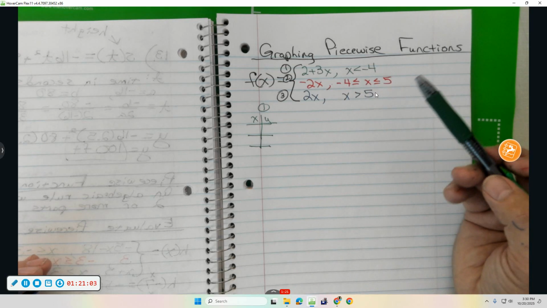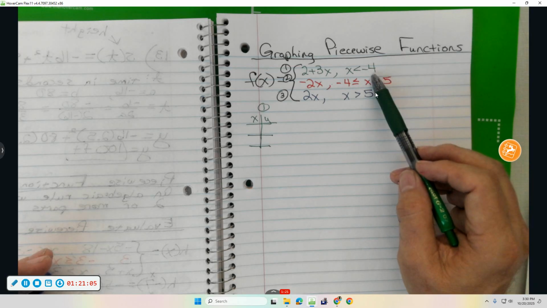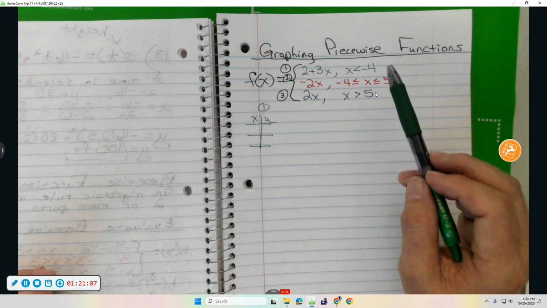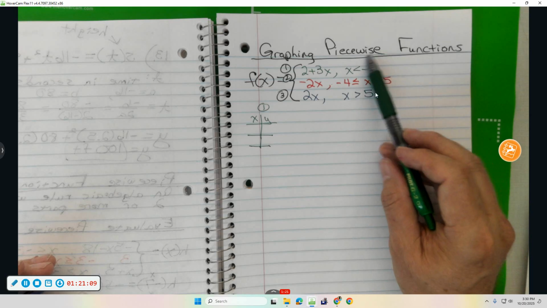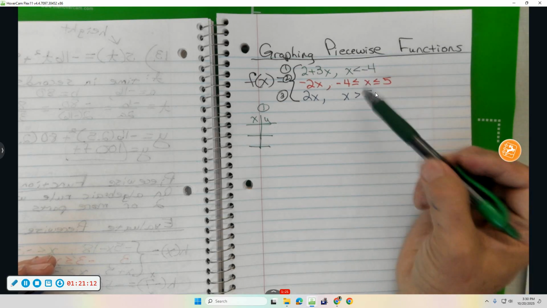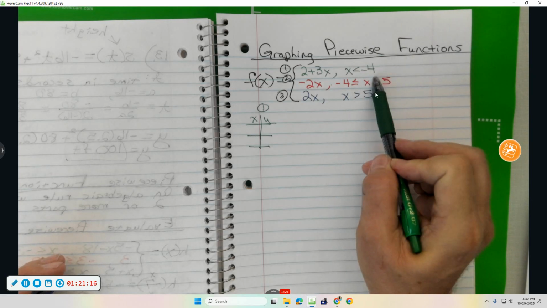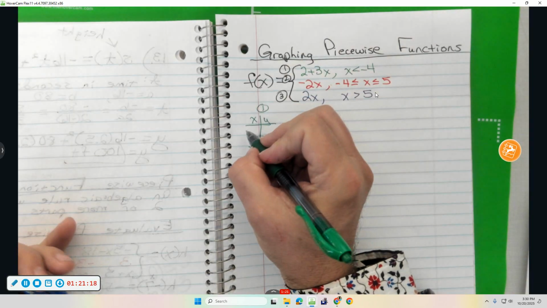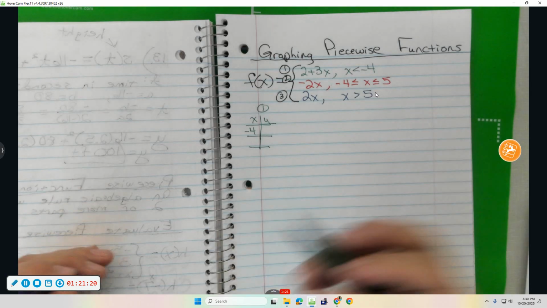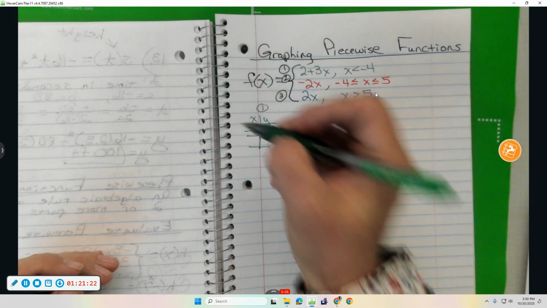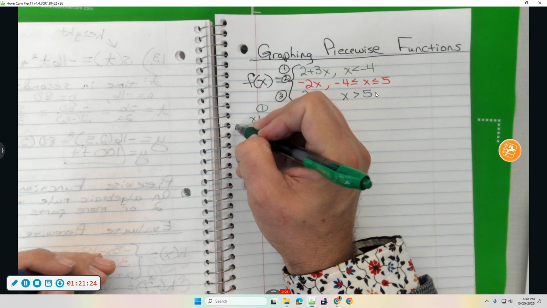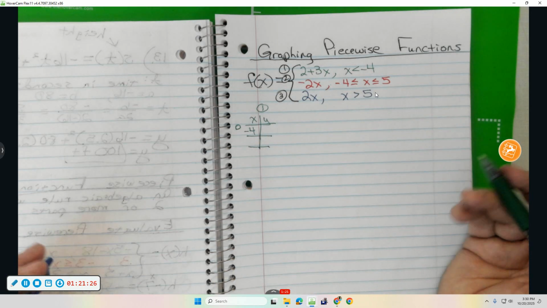What I'm going to do is automatically start with the cut point, whatever number appears there in the inequality. And you might be thinking, wait a minute, x can't equal -4. That's right. This cut point at -4 doesn't allow equality, so we're going to use an open circle. We'll discuss why once we've drawn the graph.